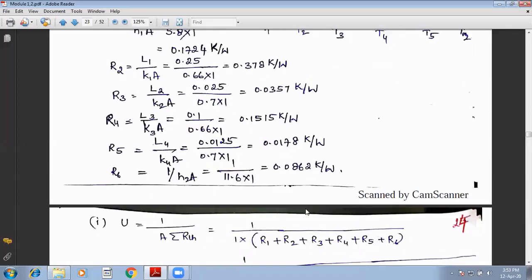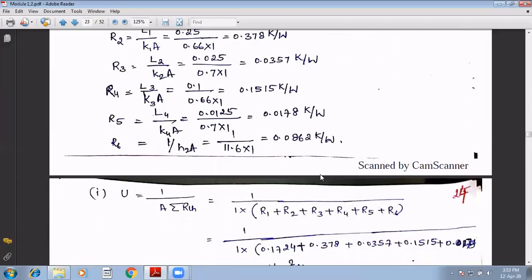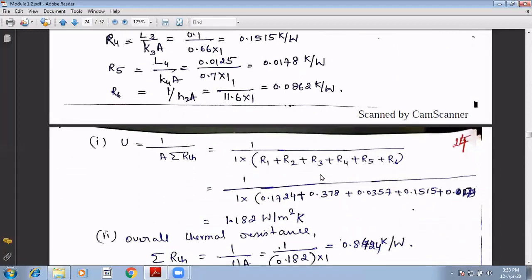Next, R6 is again convective resistance. The convective heat transfer coefficient at the exterior side is given, so you can calculate R6 as 0.0862 Kelvin per watt. Now the overall resistance is the summation of R, and the overall heat transfer coefficient is 1 over area into the summation of R. Area is 1 and with this summation that gives you a value of 1.18.